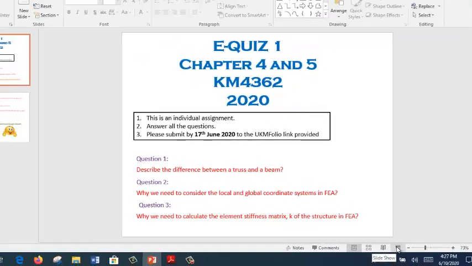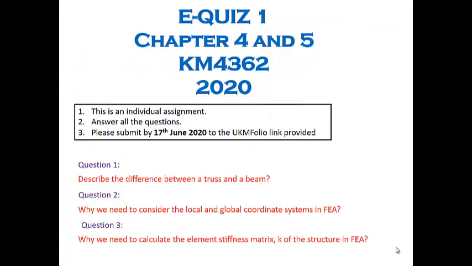Before we stop, I have one assignment for you. This is e-quiz 1. It will cover chapter 4 and chapter 5. This is an individual assignment, so you need to answer all the questions, and please submit it by the 17th of June, which is next week, to the UKM folio link provided, and I will open the link after this.